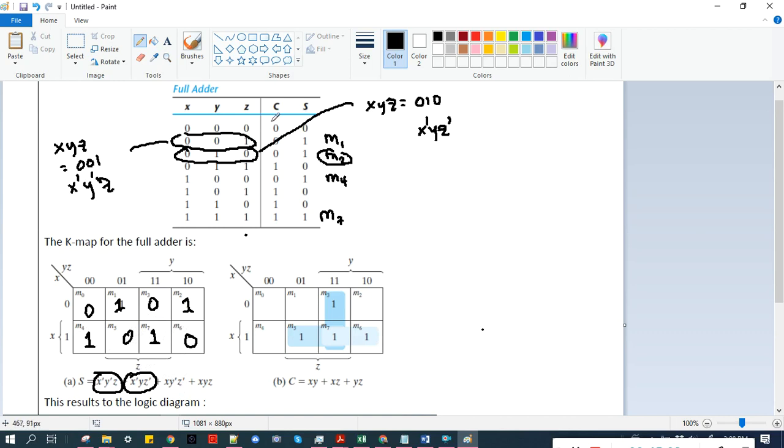For C, we have min terms 3, 5, 6, and 7. So 0, 1, 2, 3, 4, 5, 6, 7.